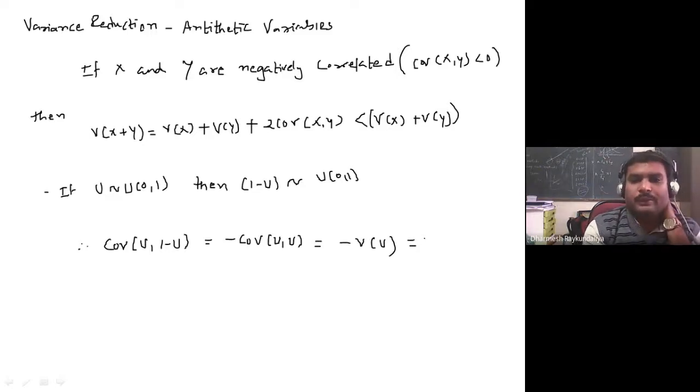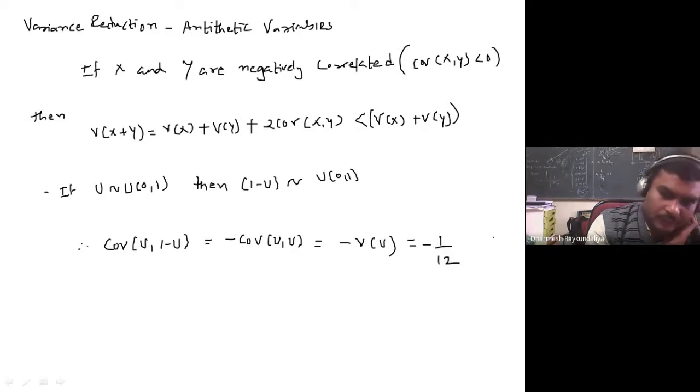We know that if it lies between A and B, then it is (B minus A) whole square divided by 12. But B is 1, A is 0, so it is 1 by 12. So it is minus 1 by 12, which is less than 0. Okay? Is it fine? Any questions up to here, anyone?